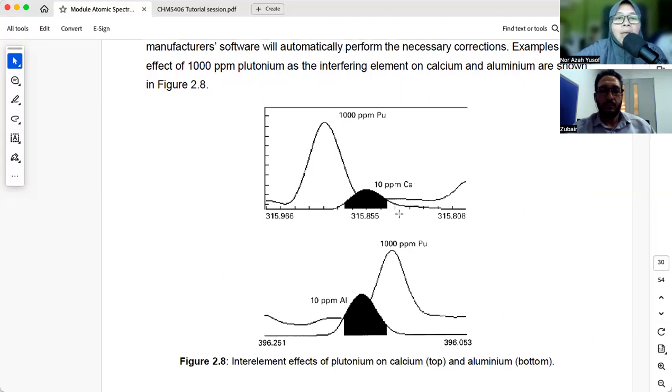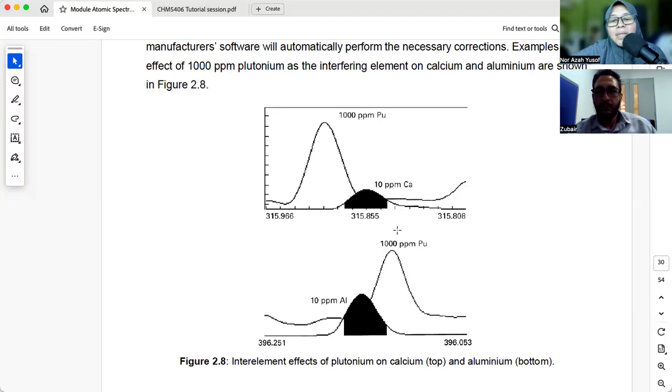So if we are analyzing calcium, there is interference from plutonium, for example. And this is also another example. If we are to analyze aluminium, there is also probably plutonium interfering with the spectrum. Since the detection is all based on emission spectrum, this is an issue.